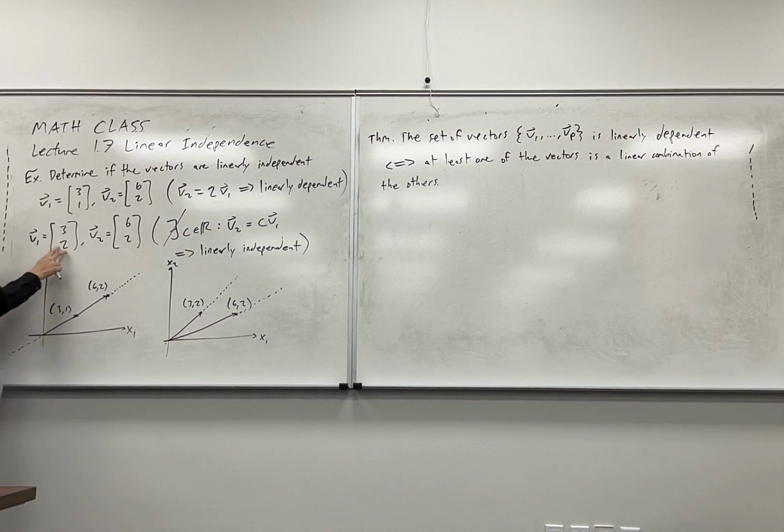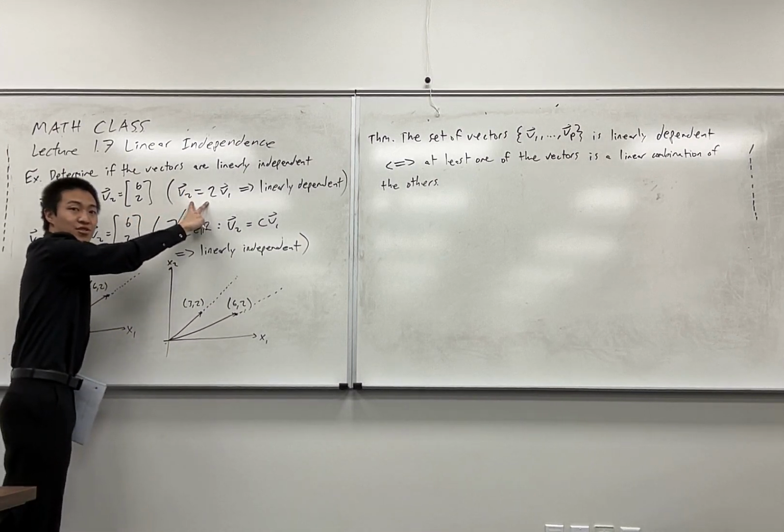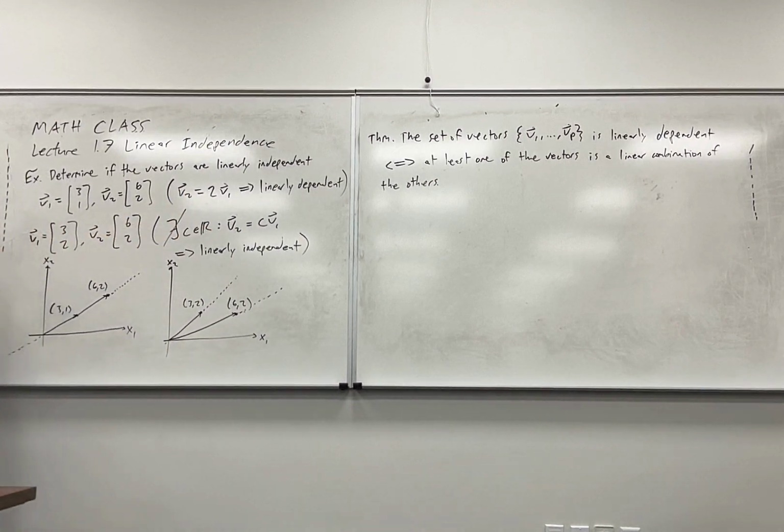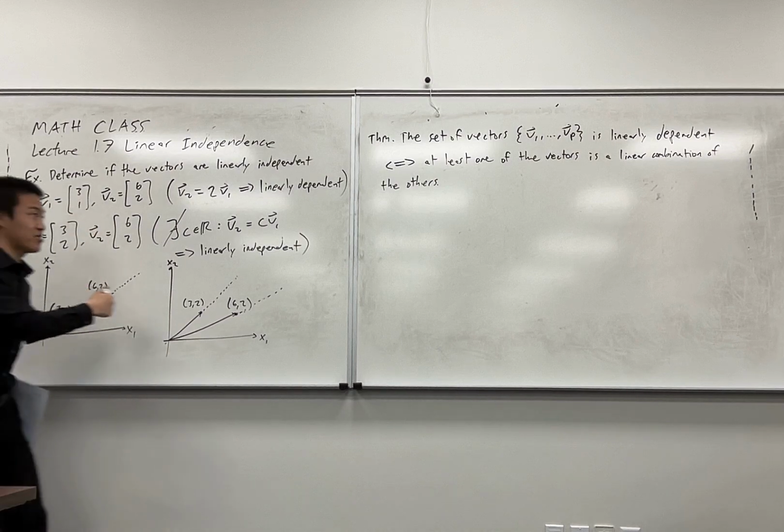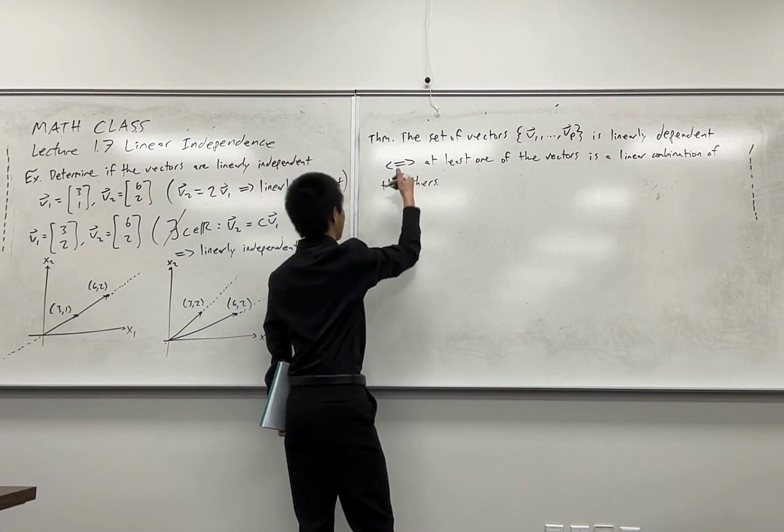Because even though this has no bearing on anything, and this is in fact independent of them, it doesn't matter. This relation still holds, and I can just scale this vector down to 0. So if I turn this down to 0 volume, and then let this dependence relation stand, it still counts. And so it doesn't matter how many vectors you have, this is just an expansion of that idea.